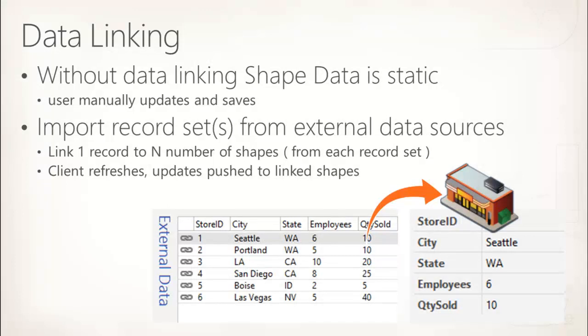So some things to keep in mind when I'm going through the demonstration are the number of data sources that I'm working with and how I'm linking those records to shapes. A lot of people who go through the data linking process for the first couple of times run the wizard, pick a SharePoint list, let's say. They get the data in, they link a record to a shape, and they think, okay, I've got my shape linked, I've got a data source in my diagram, I guess that's all I can accomplish with data linking.